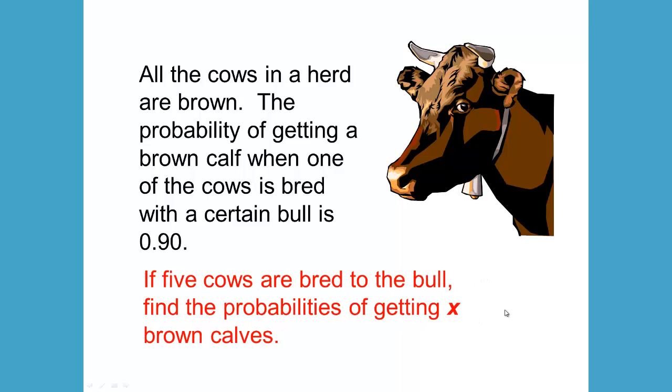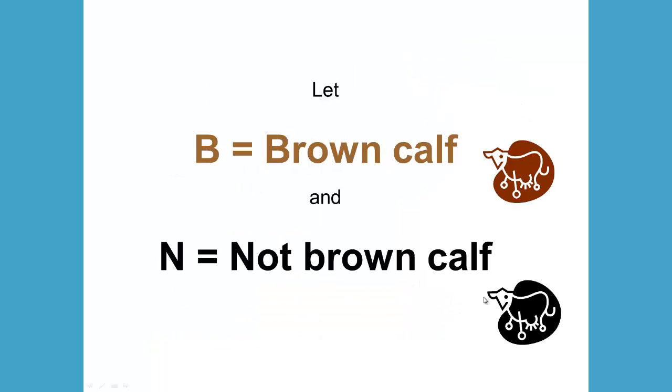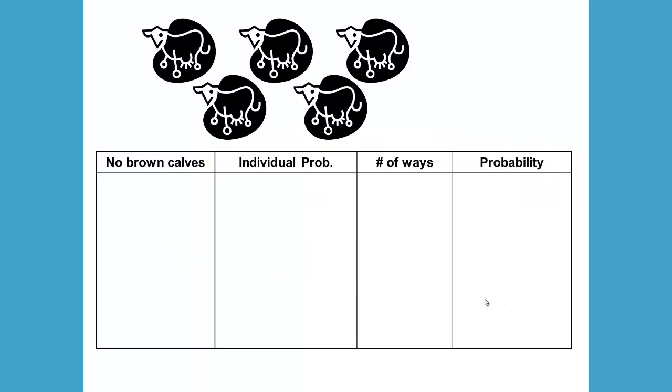If 5 cows are bred to the bull, find the probabilities of getting X brown calves. Let B equal a brown calf and N equal not a brown calf, because math teachers love their notation and hate writing out the words.